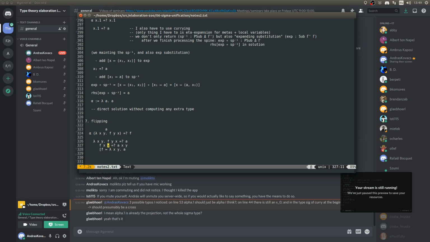Sorry, this is yx here, but it's xy on the other side. So it becomes a lambda yx dot a xy, and then the solution becomes alpha. Alpha is just lambda f dot flip f in a sense.